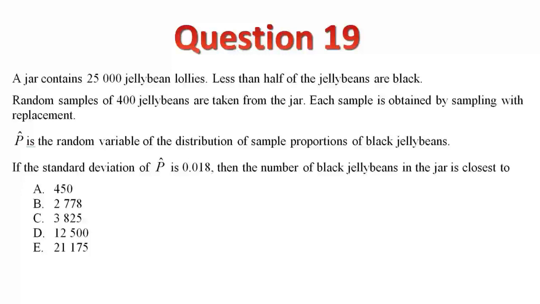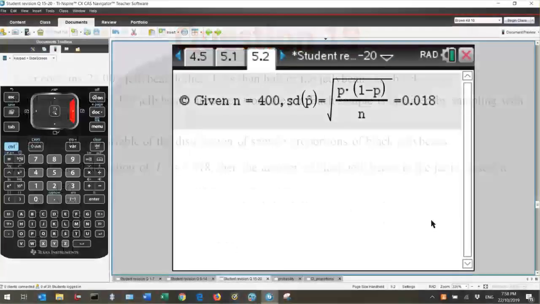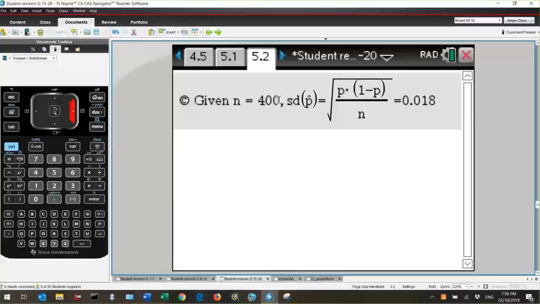closest to. So for this one, you need to know the standard deviation of P hat, which is on the formula sheet. So we're given that N, the sample size, is 400, and the standard deviation is given by the square root of P times 1 minus P, on N, where P is the true population proportion. Now in this case we don't know the true population proportion, but we do know the standard deviation.